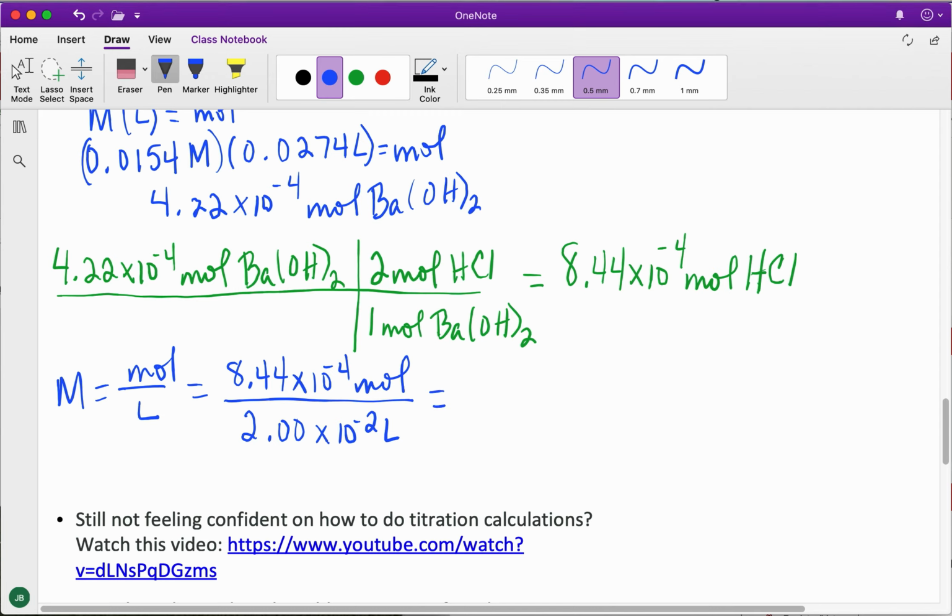Once again, you're going to put that into your calculator and you should get 4.22 times 10 to the negative second molarity of hydrochloric.